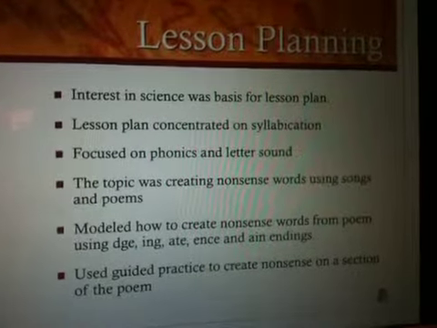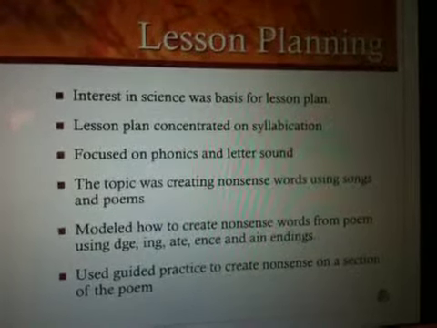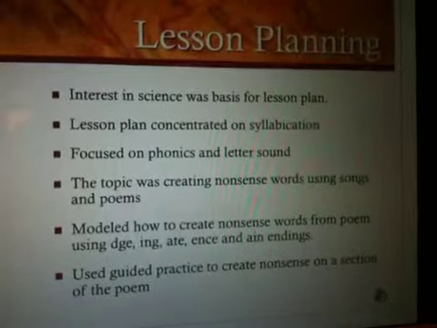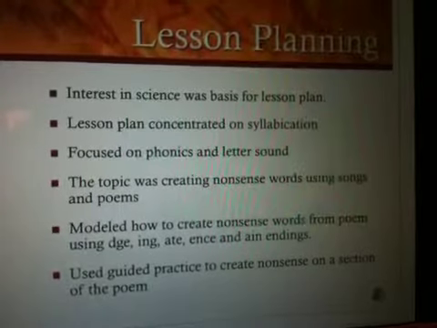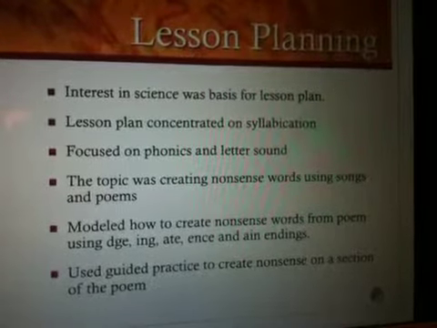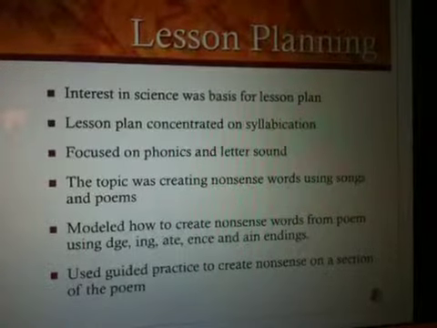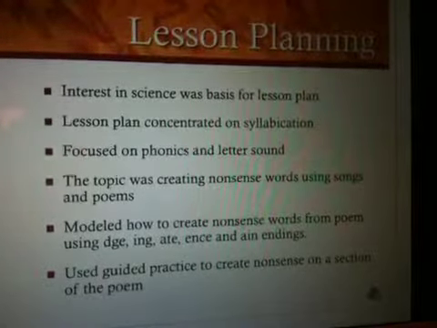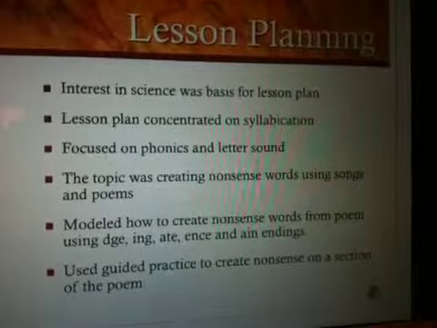So the focus was for Aiden to get familiar with these endings and be able to recognize them whenever he sees them on a spelling test, or through reading a chapter or anything of that nature.